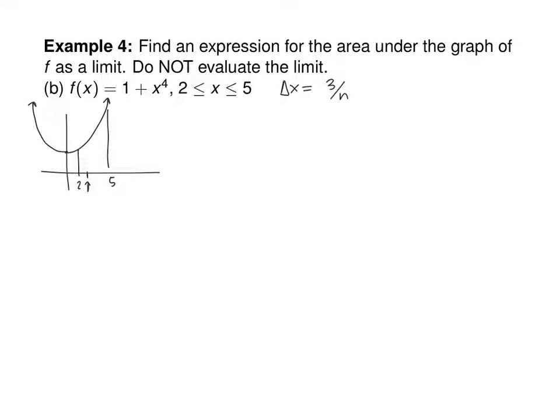What's this one going to be? 2 plus 3 over n, because you go 3 over n past 2. What's the next one going to be? 2 plus 6 over n.